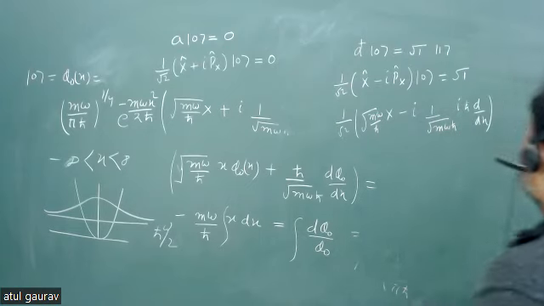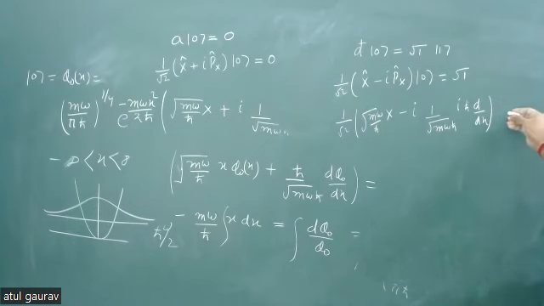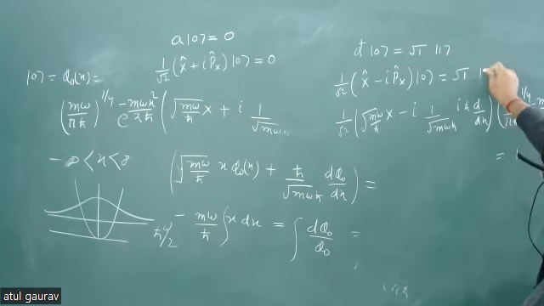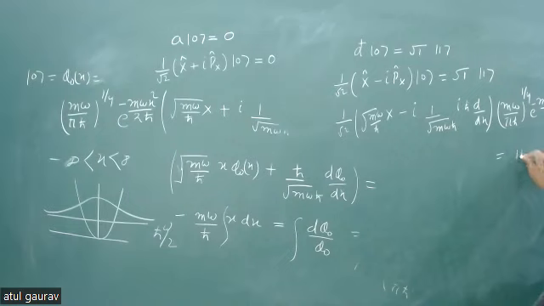And what is your phi naught? Phi naught will be m omega upon pi h cut to the power 1 by 4 e to the power minus m omega x square upon 2h cut, and this will be equal to, sorry, this will be ket 1, that is ket 1 equal to phi 1 x.